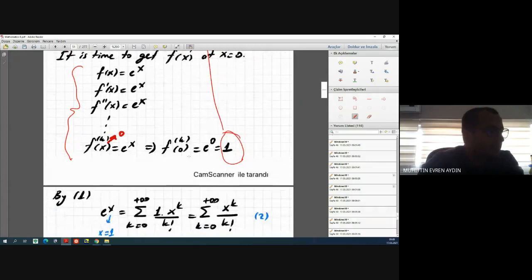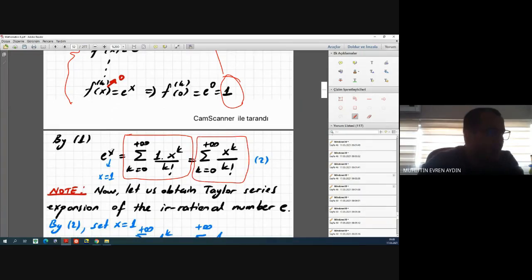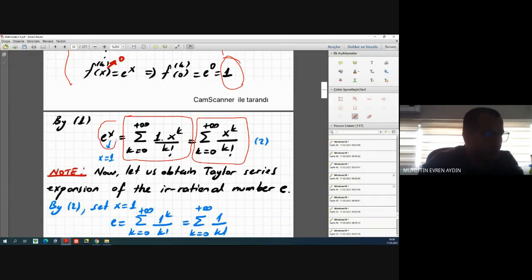Then we have such a power series, which means that you have an exponential function, and you can write it as a polynomial with infinitely many terms.